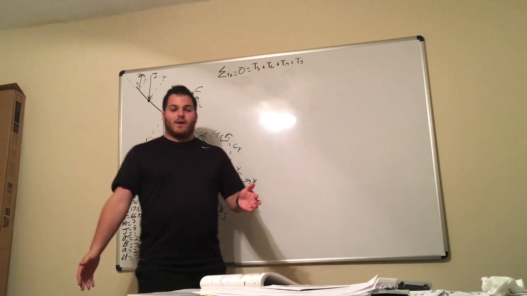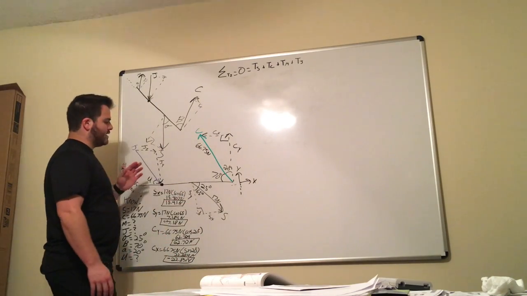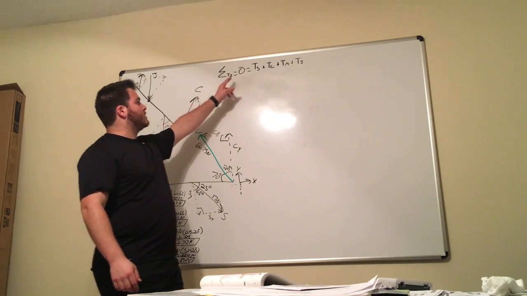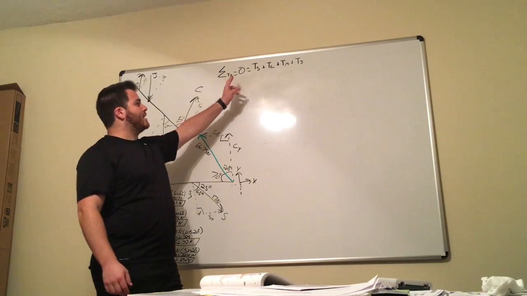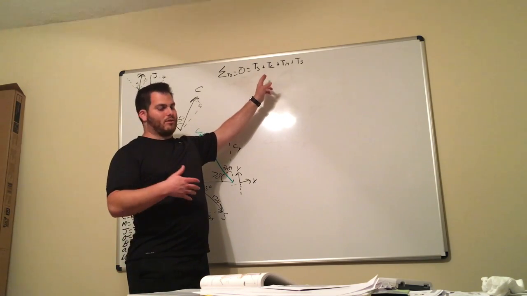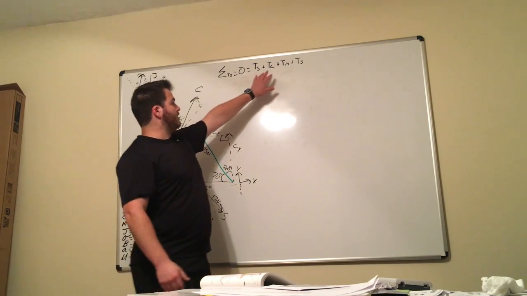All right, so now we're going to find the torques. The way we do that is we know that the sum of all torques is 0. So we write our equation, sum of all torques is equal to 0, and then basically everything that comes off of our line, or our x-axis, which in our case is our forearm.